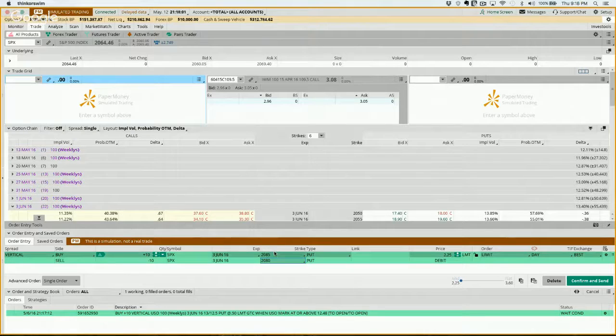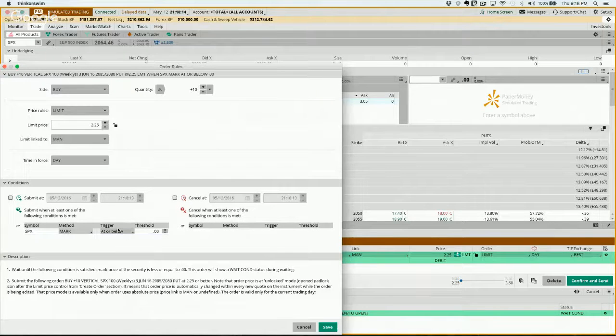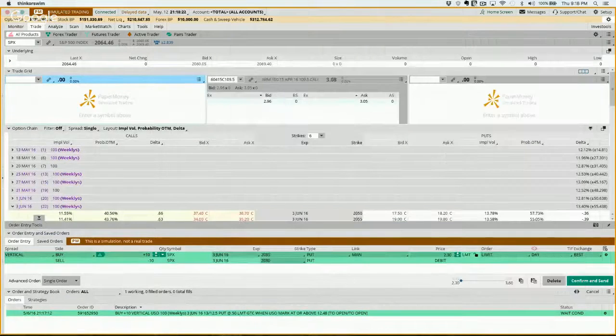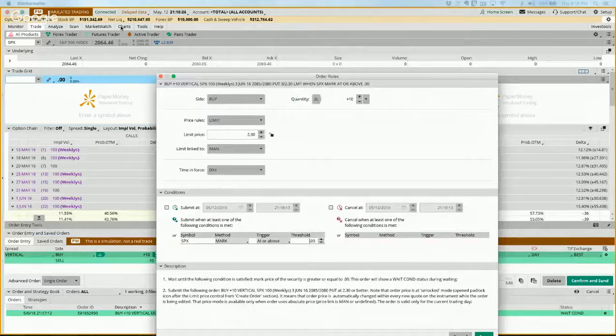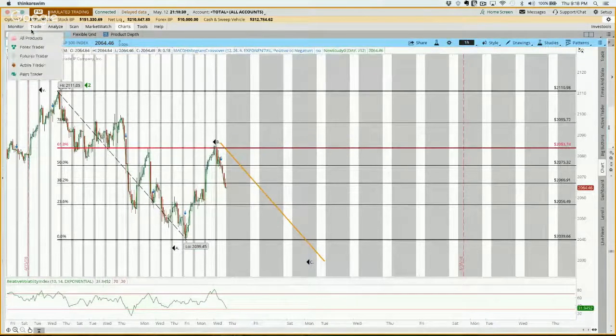So once you establish 2080, 2085, it's a gear button on the right hand side. Click on gear button. Okay, change the condition. SPX, if it moves at or above the 61.8%, which is at level, let me check. Sorry, being forgetful. 2083.